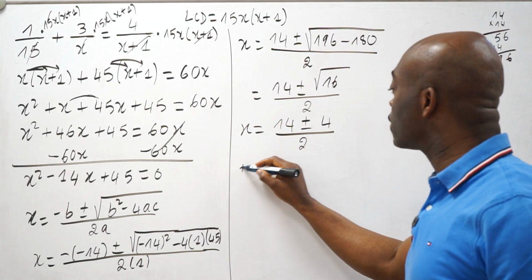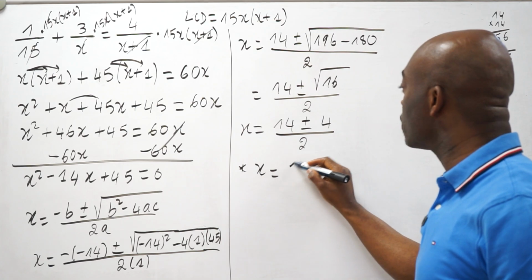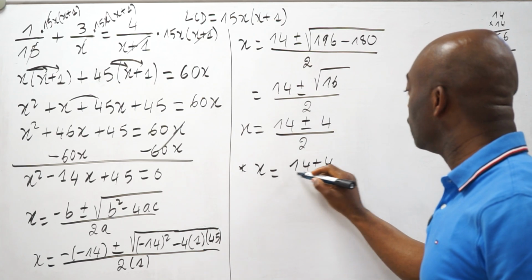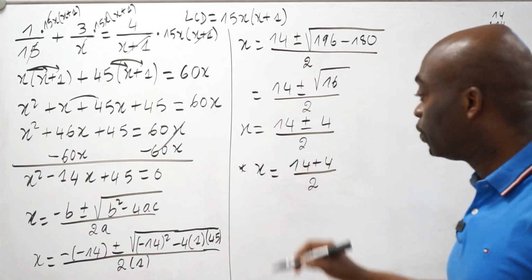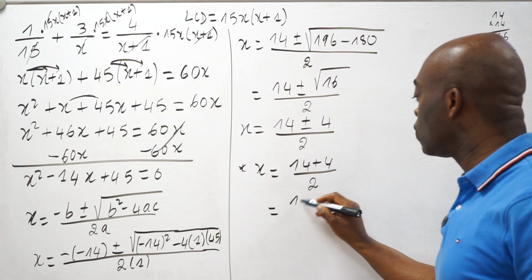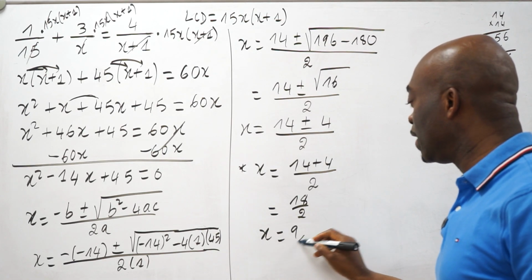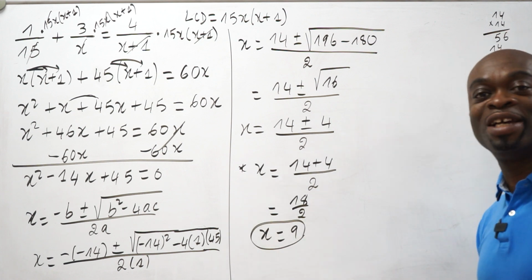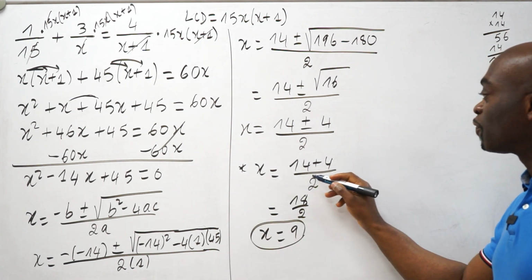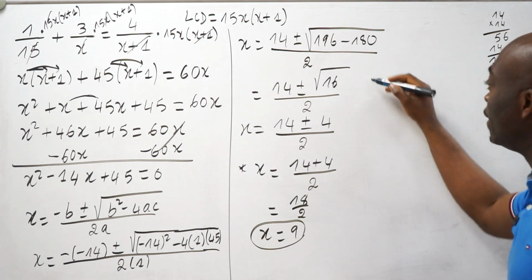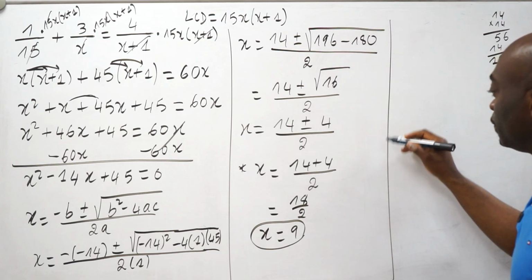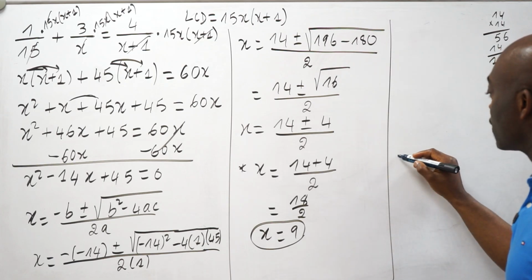So we have x equals 14 plus 4 over 2, which is going to give us 18 divided by 2. So x is going to be equal to 9. So we have one answer right there.